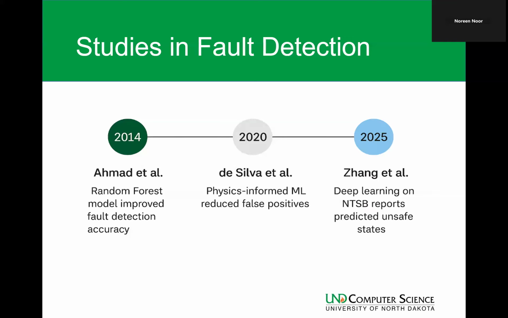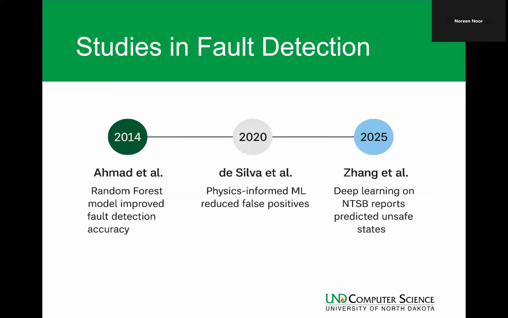After that, we have another one published in 2025, the latest one. It used deep learning on NTSB accident reports. NTSB has all the real data sets about accidents that have already happened and all the information related to the features there.